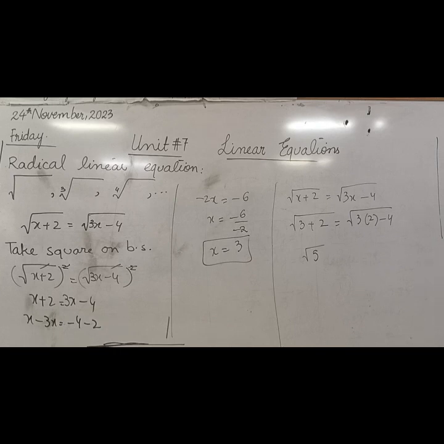And 3x minus 4, the value of x is 3, so 9 minus 4, in the next step this is also equal to 5. As both sides are equal, you can say that the solution of this equation is x is equal to 3. Got it? Now I am solving another example.